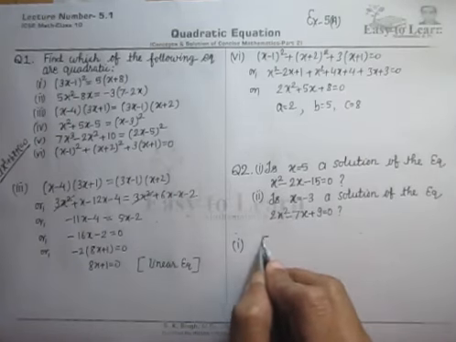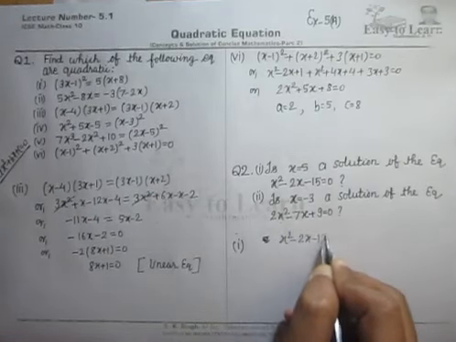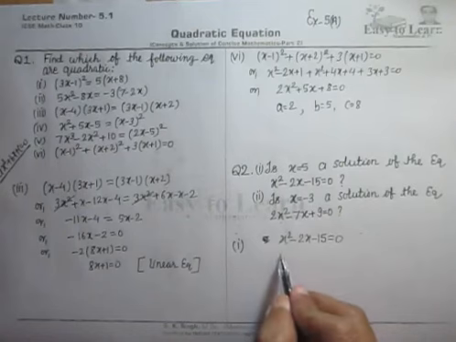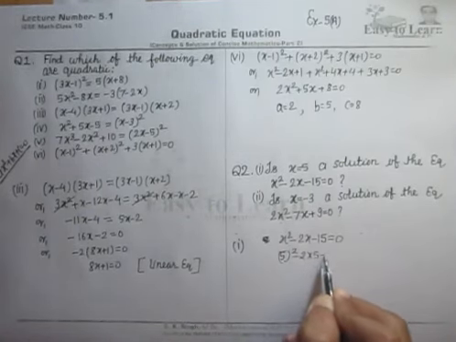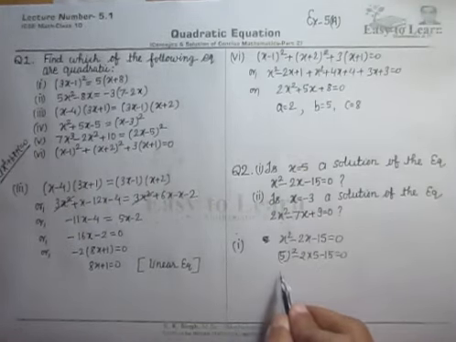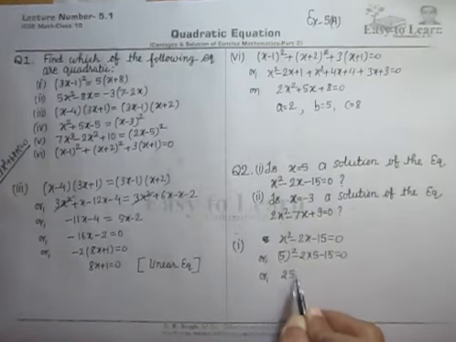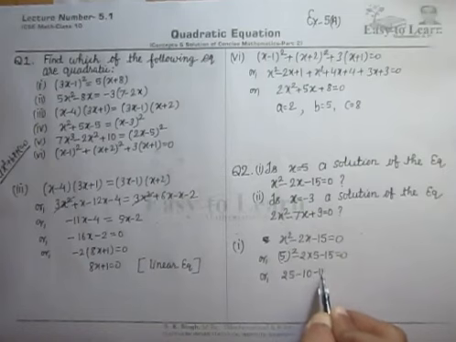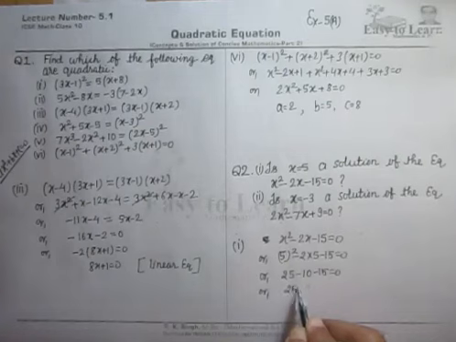So put 5 here. The given equation is x² − 2x − 15 = 0. Now put 5² − 2 × 5 − 15 = 0. Now let us check whether this is equal to 0 or not. 25 − 10 − 15, or 25 − 25 is equal to 0, so 0 = 0.